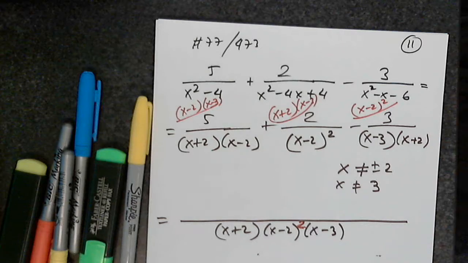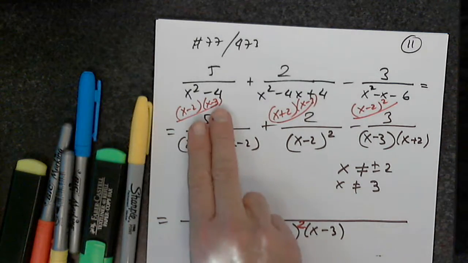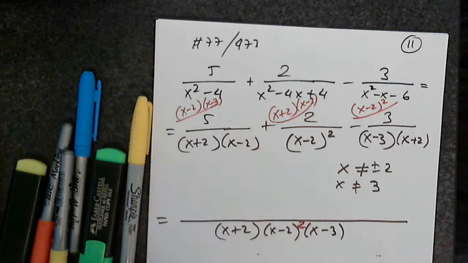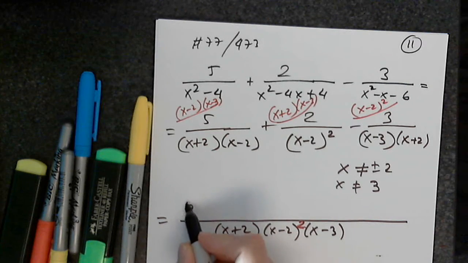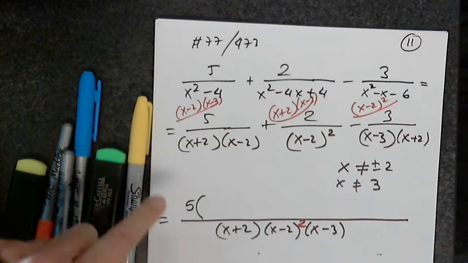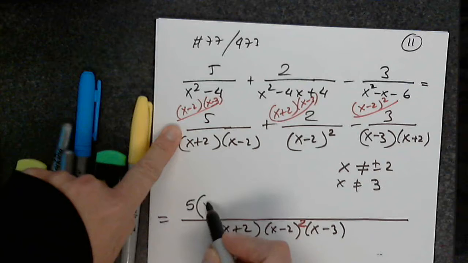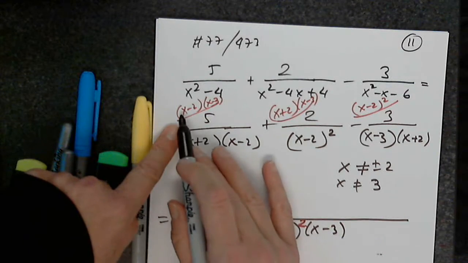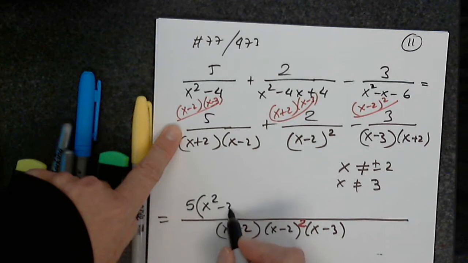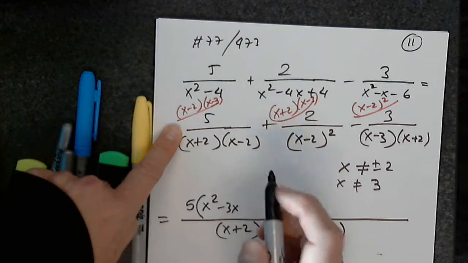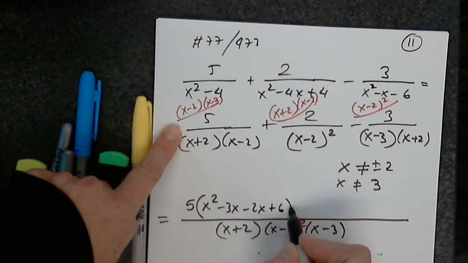Okay, ready? Good. Now I have to FOIL those. Put the 5 outside and wait. But FOIL it. X times x is x squared. X times negative 3, negative 3x, minus 2x, and plus 6.